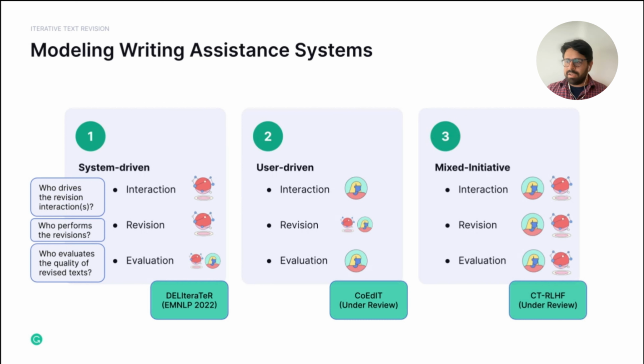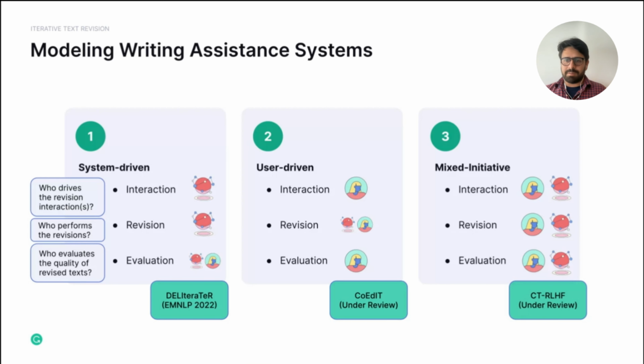So our first work, called DELIterator, is quite system heavy. Then we followed it up with another system called CoEdIT, which is mostly user-driven, where we leverage instruction tuning with large language models to enable the user to drive the initiative and the evaluation. And finally, we propose a more balanced and collaborative system called CTRLHF, where we leverage human preferences to empower the user and the system to collaboratively drive the revision process.